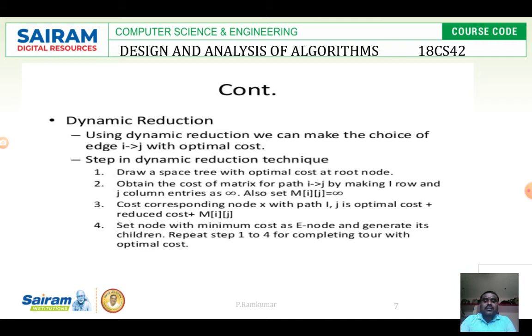Obtain the cost matrix for the path where i goes to j by making the i row and j column entries infinity, and also set M of ji equal to infinity. The corresponding node x with path i and j has cost equal to the optimal cost plus the reduced cost plus M of ij. Set the node with minimum cost as the E-node and generate its children nodes. We have to repeat steps 1 to 4 for completing the tour with optimal cost.